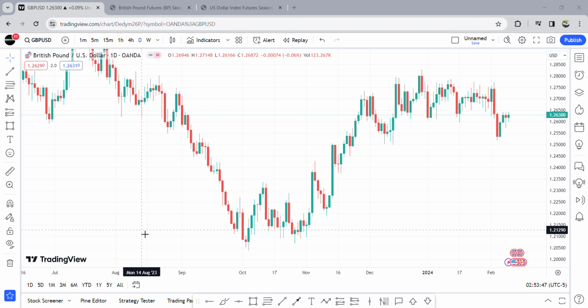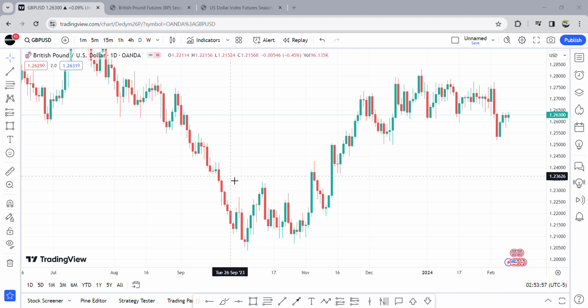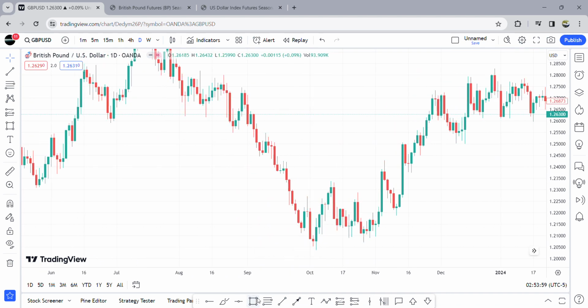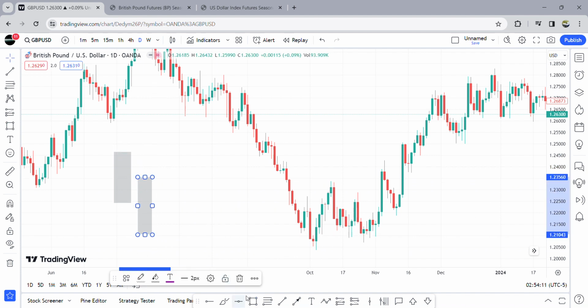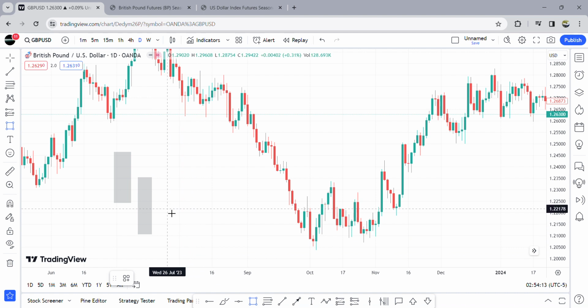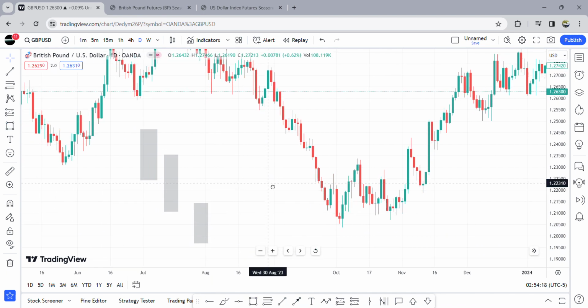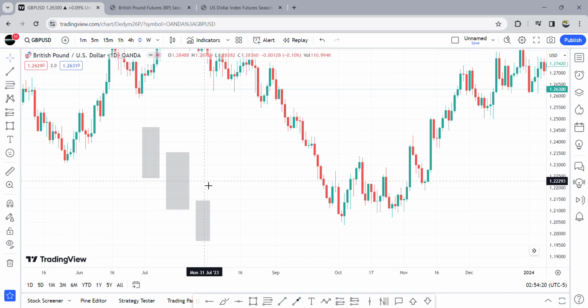In today's video, we're going to be looking at fair value gaps and how to use and apply them. First of all, what is a fair value gap? It's an area in price where there's a 3-candle pattern. So it's 1, 2, 3 candle pattern.